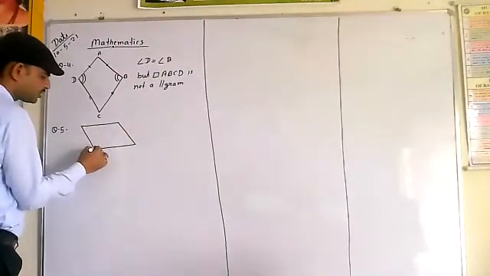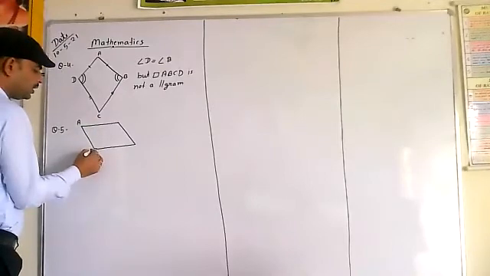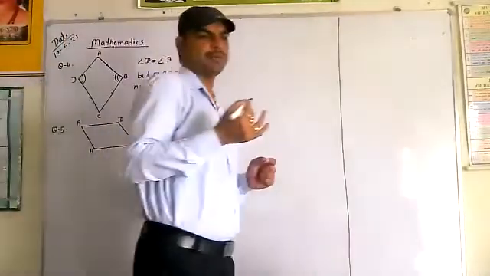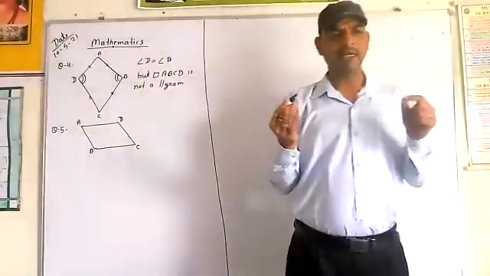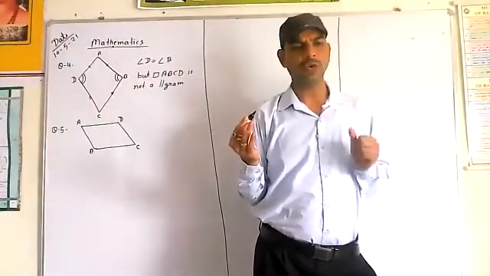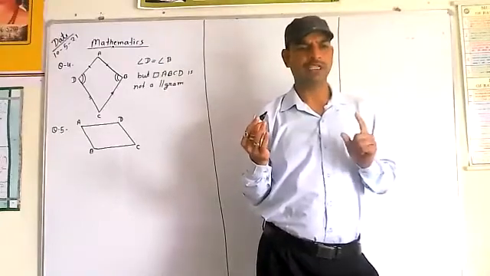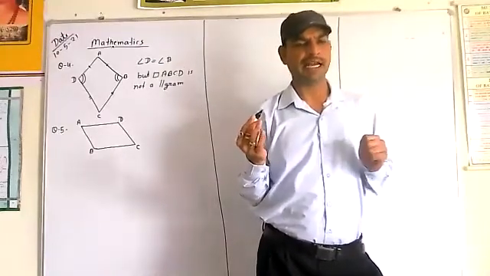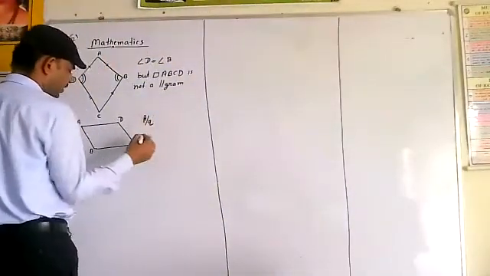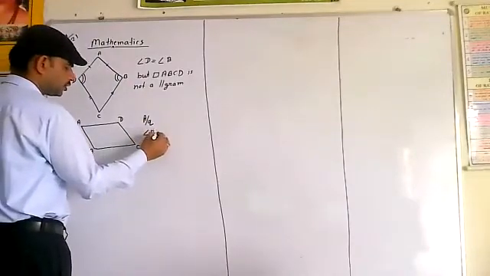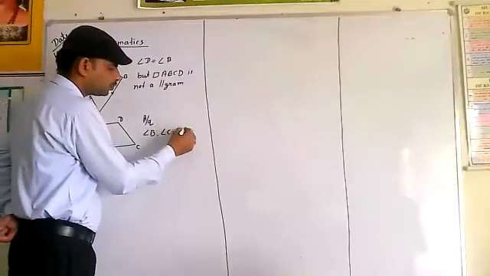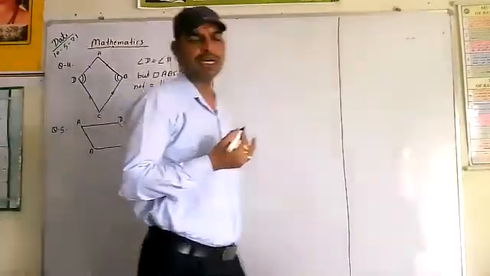Write the names first: A, B, C, and D. According to the question, the measure of two adjacent angles of a parallelogram are in ratio 3:2. Find the measure of each angle of the parallelogram. According to the question, angle B to angle C is given as 3:2. This is the ratio.